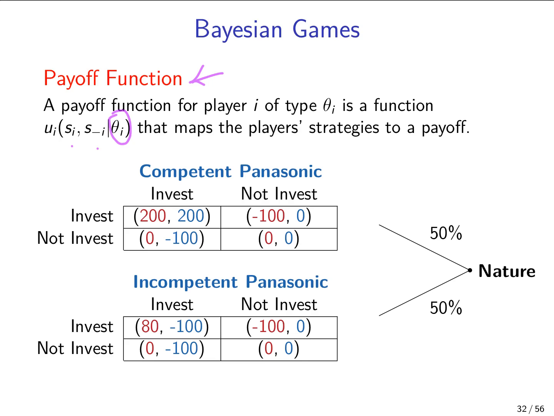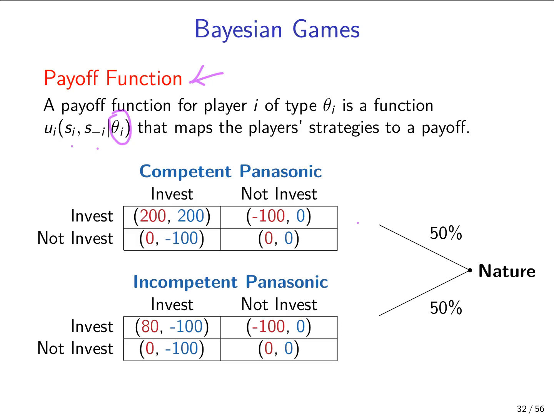Okay? So in our previous example, it's pretty simple. The payoff function is described by these two matrices, right? If Panasonic is competent, the matrix described here gives us the payoff.